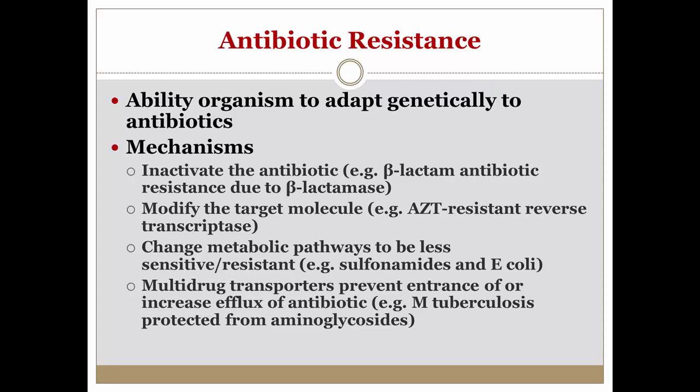CRE has a plasmid, or a mobile piece of DNA, that has an enzyme that breaks down antibiotics. In addition, it has the ability to transfer this plasmid, and therefore the antibiotic resistance, to normal flora bacteria.